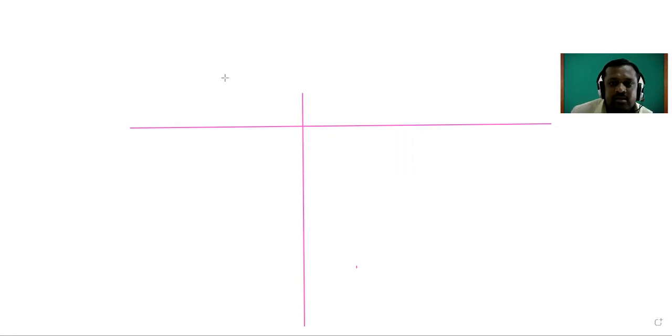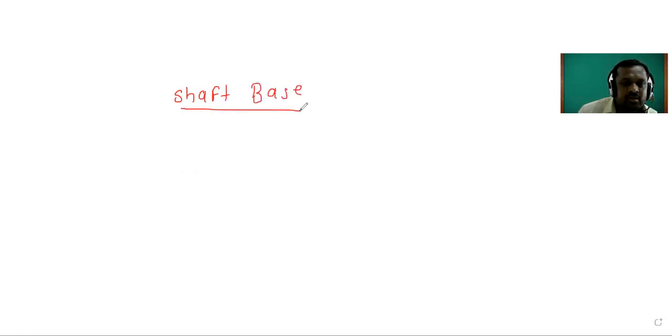Before that, can anybody tell me how to show the shaft based system in a graphical manner? How to show it graphically?